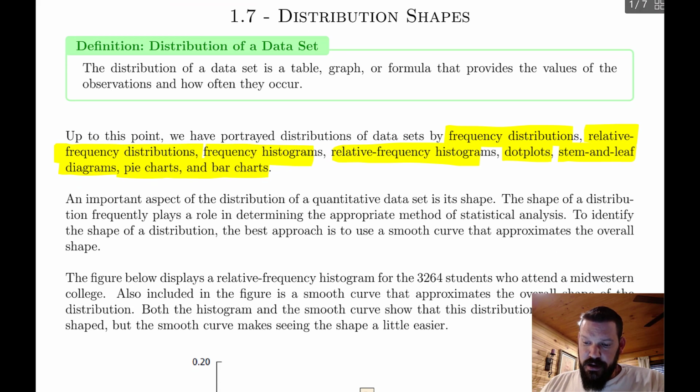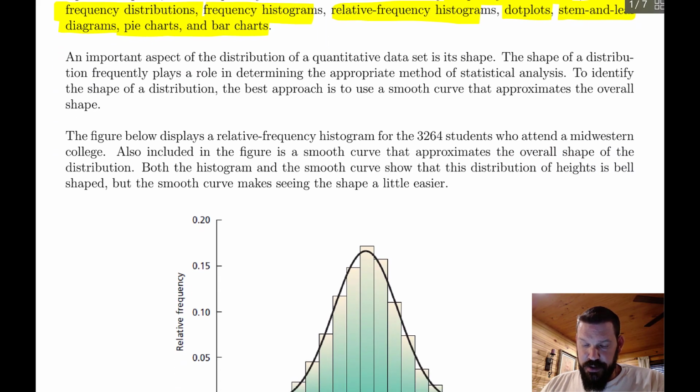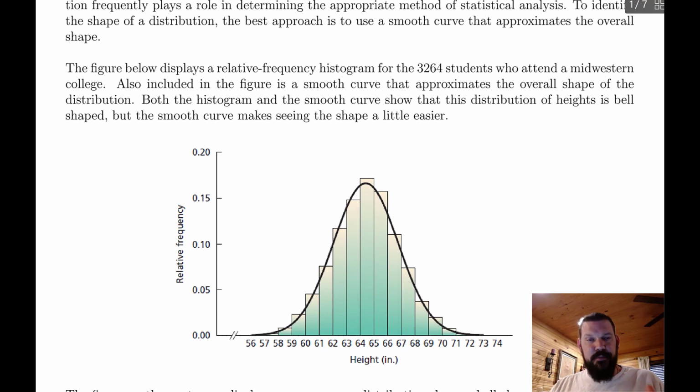So we are talking about distributions. Here's just a sample distribution. We have a relative frequency histogram that shows the heights of 3,264 students who attend a Midwestern college. Looking at the histogram itself, we've overlaid it with a smooth curve, and that smooth curve is what we're focused on.